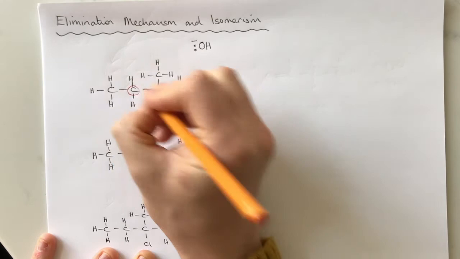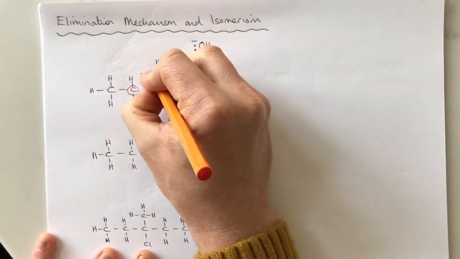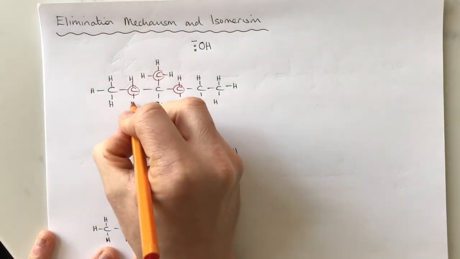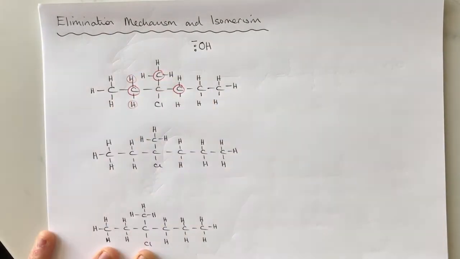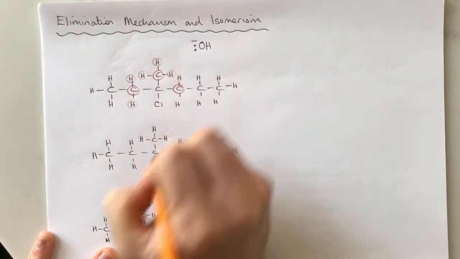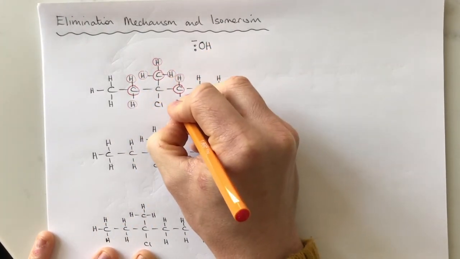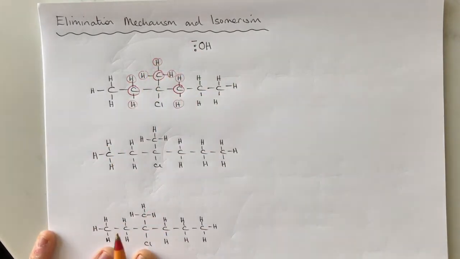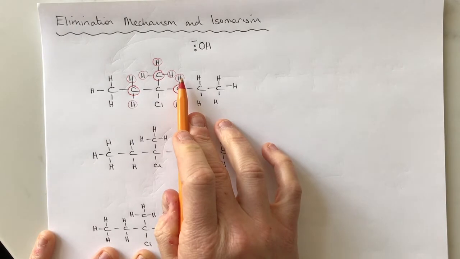This is a neighbouring carbon, this is a neighbouring carbon, and this is a neighbouring carbon, which means these 2 hydrogens could be attacked. It means these 3 hydrogens could be attacked, and it also means these 2 hydrogens could be attacked.